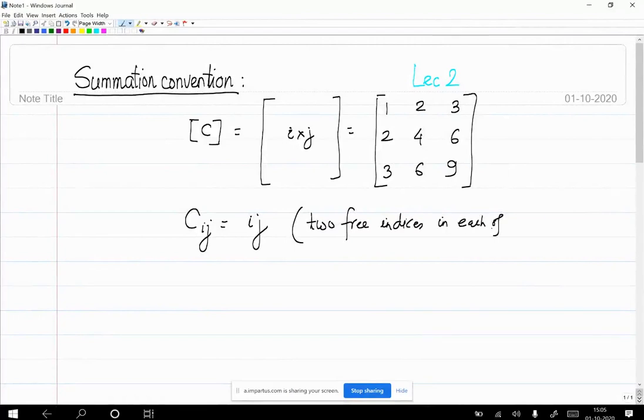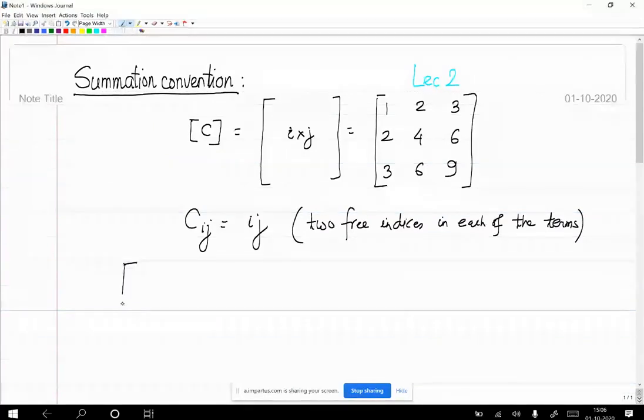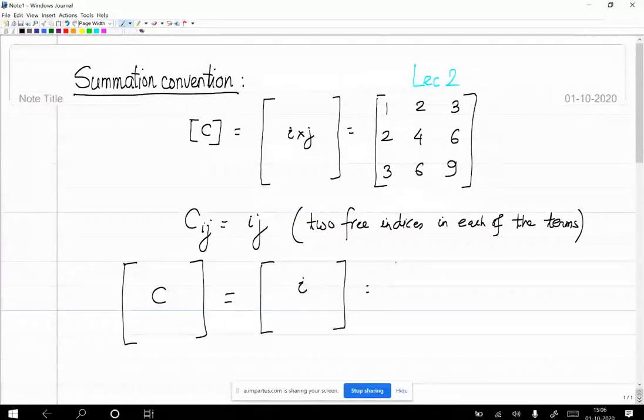So we have two free indices in each of the terms. Now think of another example where you have the matrix C such that it is just formed by I. So I means ith row.